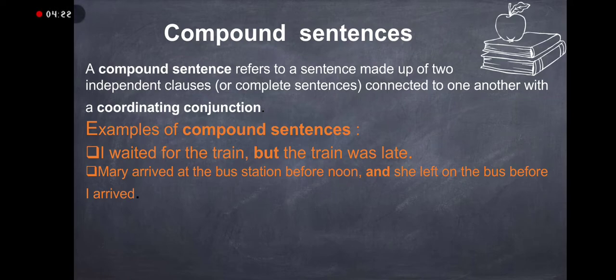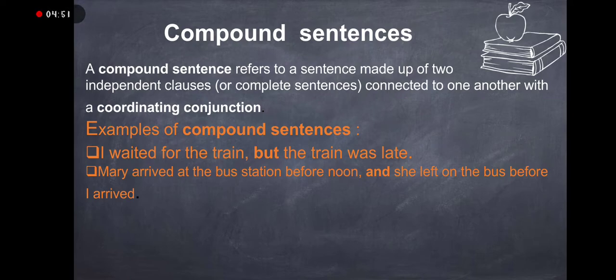These are F for for, A for and, N for nor, B for but, O for or, Y for yet, and S for so. So for, and, nor, but, or, yet, so, all are the coordinate conjunctions. You can easily find out compound sentences with the help of these FANBOYS acronyms of the coordinate conjunctions.